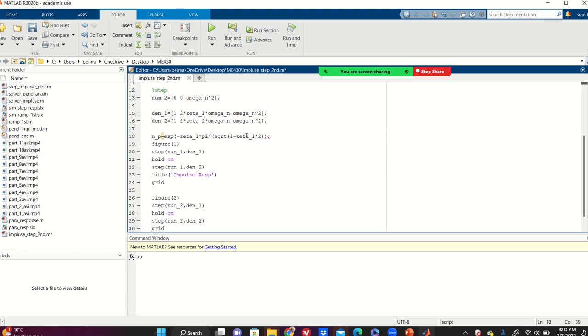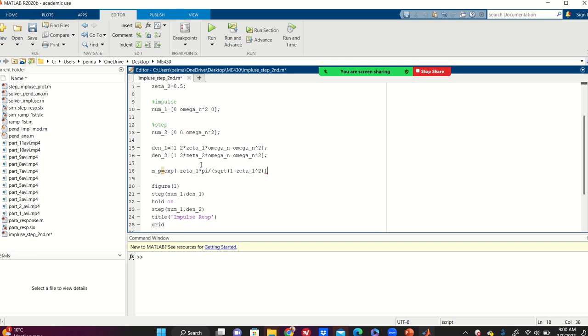Remember? You have it in your notes. You see that? So this is when zeta is a small value, 0.1.